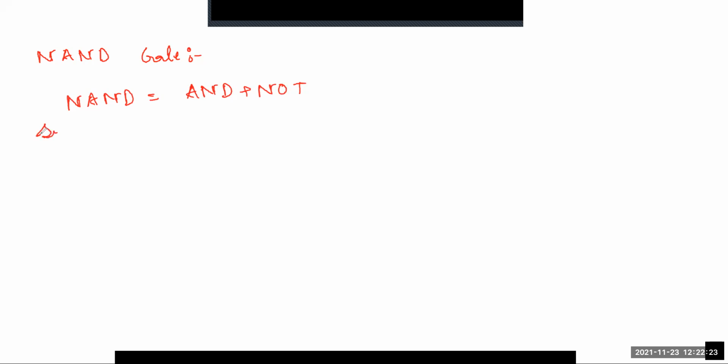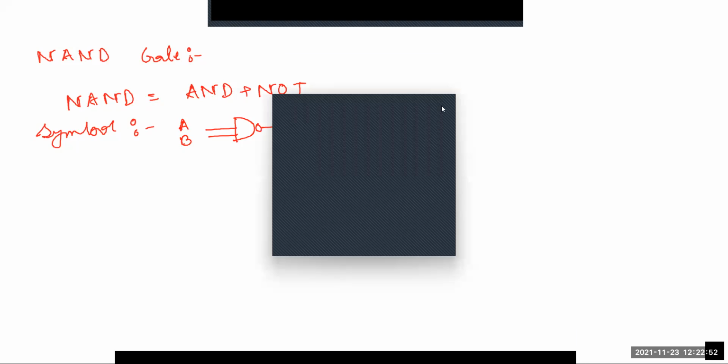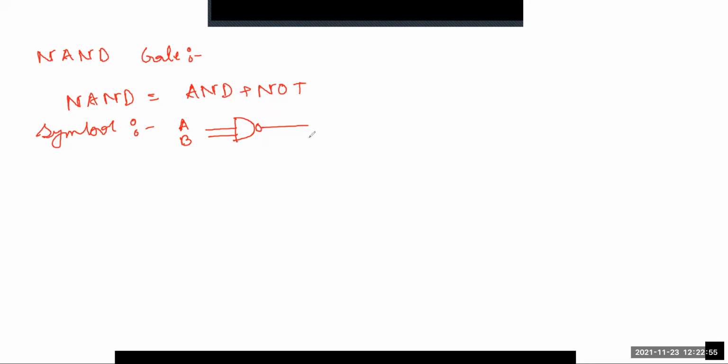So the symbol is, first one is the AND symbol, and then NOT. So this is the symbol of a two input NAND gate. X equals (AB) bar. This is the expression for NAND gate.